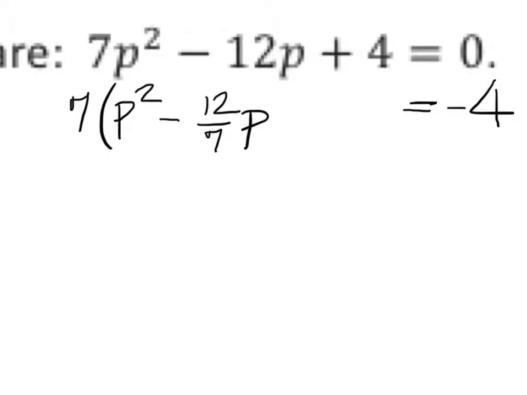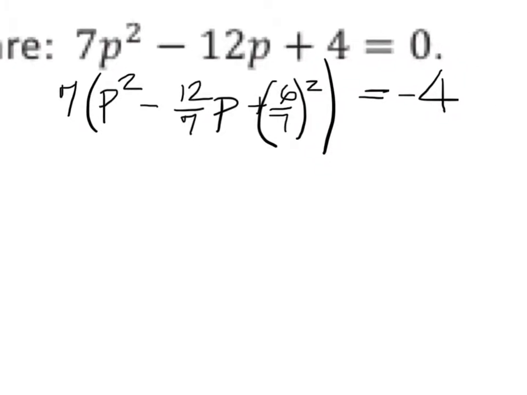Now we have to find half of 12 over 7. Half of 12 over 7 is just 6 over 7. And then we square the 6 over 7. When we do that, we're adding 6 over 7 squared here. And what you add to one side, you have to add to the other. But we didn't really add just 6 over 7 squared.